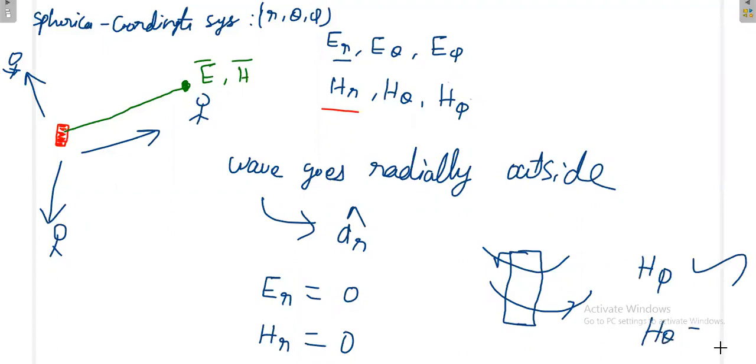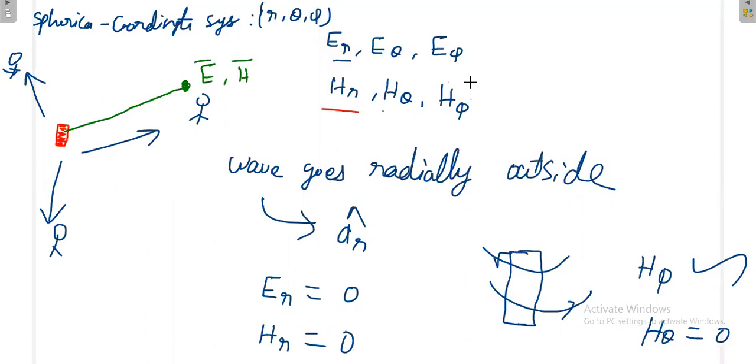By doing the derivation properly you will get 0, but I'm telling you by intuitive analysis. Once you have a current flowing on the conductor, your magnetic field is present only in the H_phi direction, the a_phi direction, that is, in a rotational manner. Then this also becomes 0.